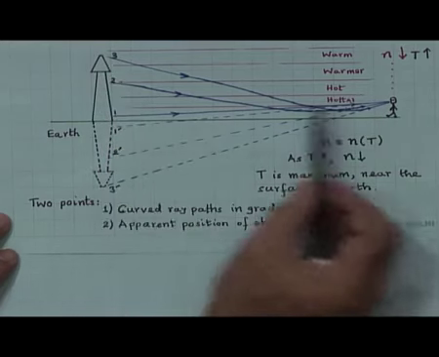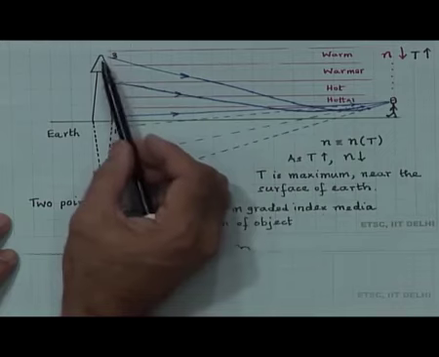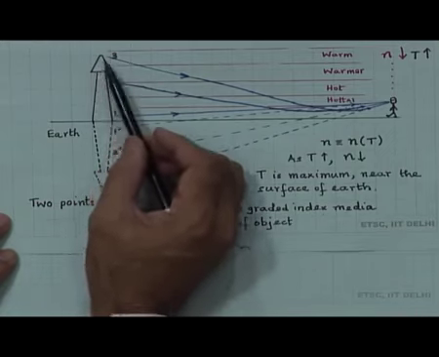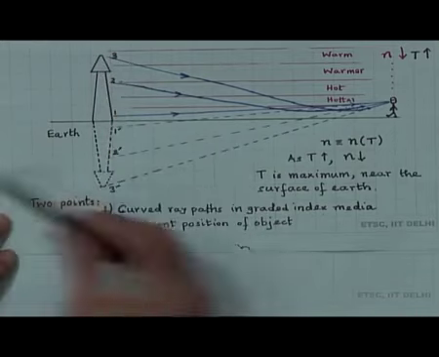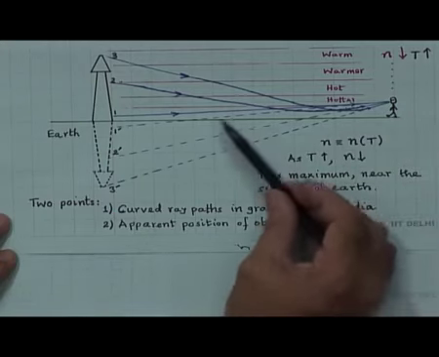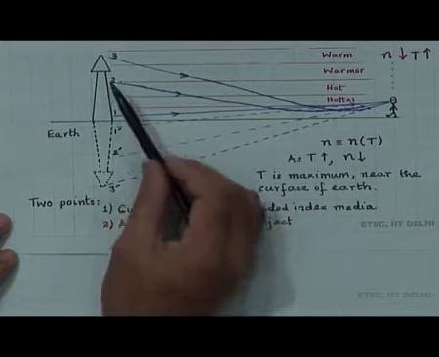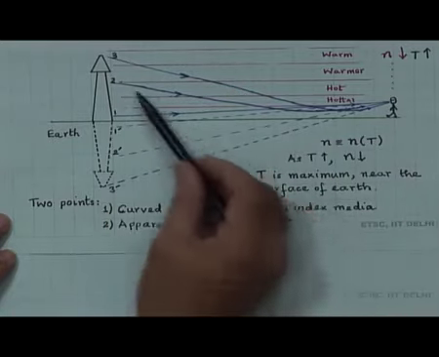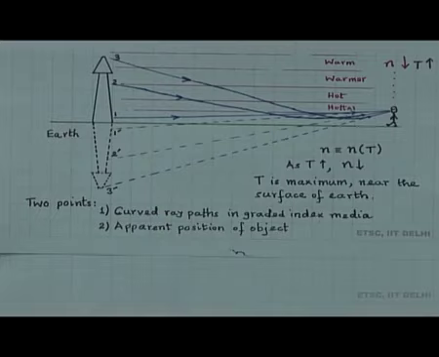If he looks up and looks at the object, he will be able to see the tree or the cloud, but if he is looking down, then he will also be able to see the image of the clouds or the tree because of the mirage.